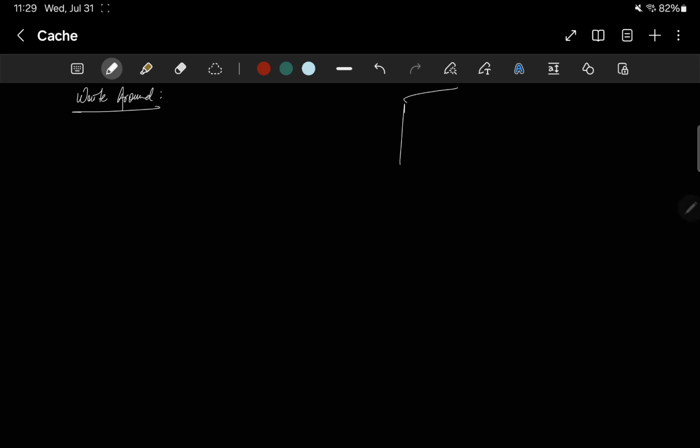So here there is a database, there is a cache. Data is updated only in the database. When a write needs to happen, it will just come to the database, it will write to the database and invalidate the cache. It will say that whatever is present in the cache is now invalidated, and later the cache will be updated from the database.